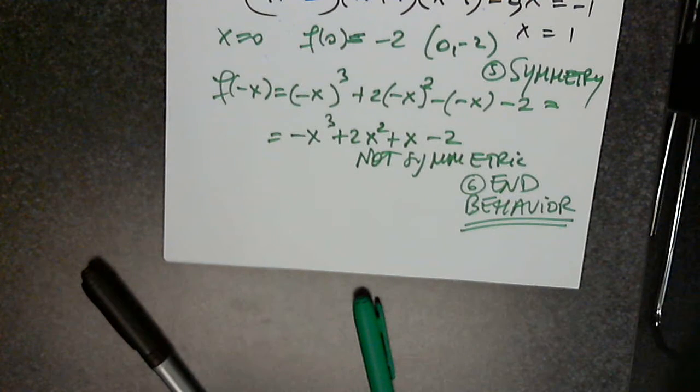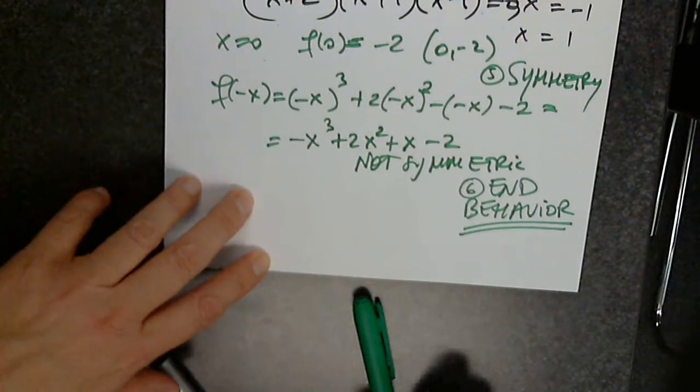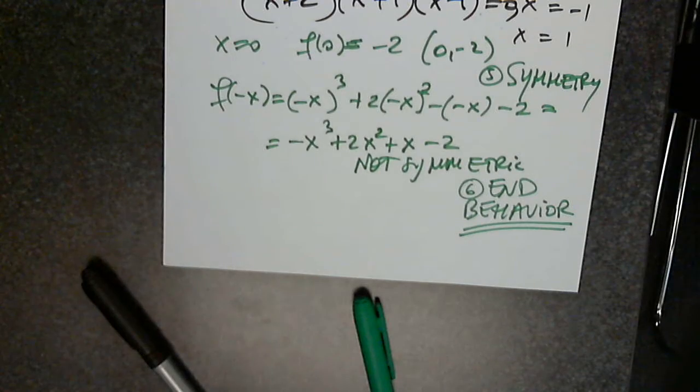So will the cubic function. So will the 5th degree function. So will the 7th degree function. Any odd degree function has end behavior like the linear function with the same slope, same leading coefficient. So since this function has a positive leading coefficient, it will come from negative infinity and go to positive infinity.